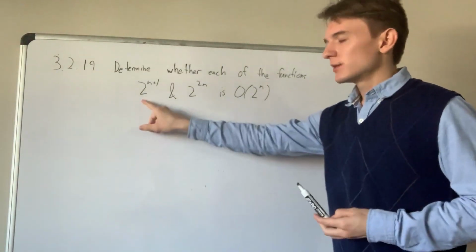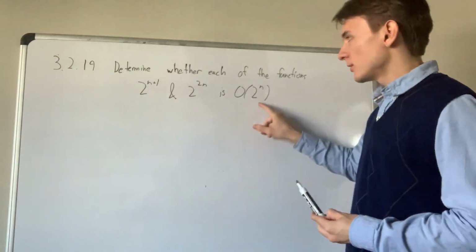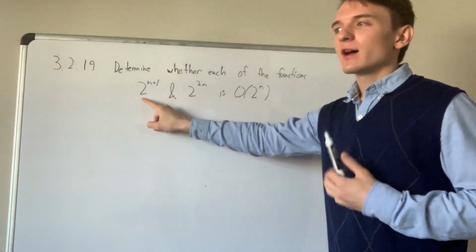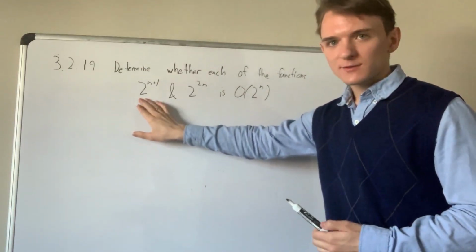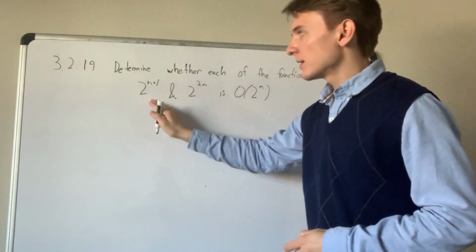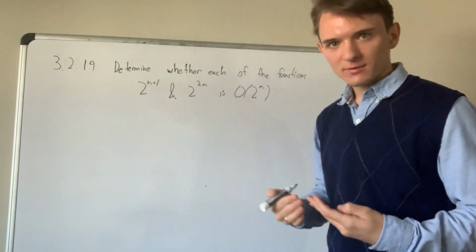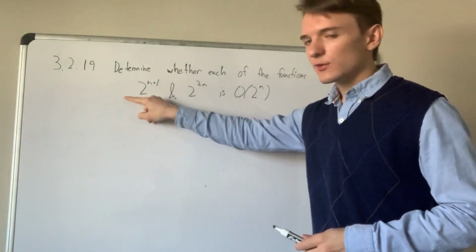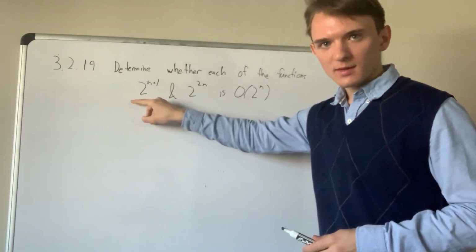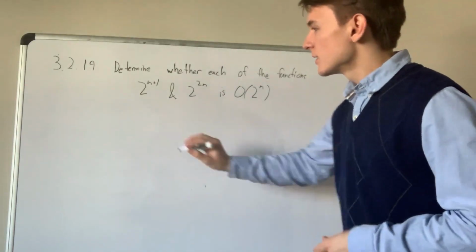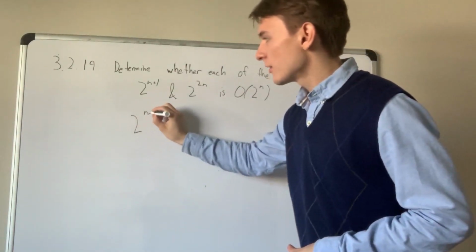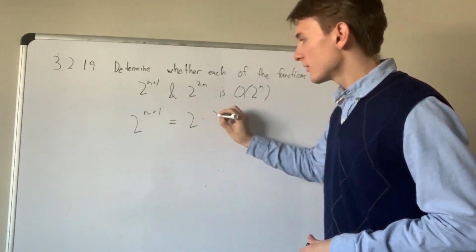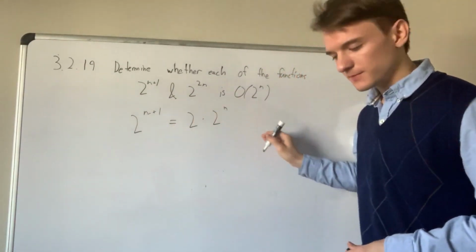We can see this does grow more quickly than 2 to the power of n, and we can easily find 2 to the power of n within this function by using what we know of previous mathematics to bring this 1 in front of the 2 and multiply it by the base. So 2 to the power of n plus 1 is equal to 2 times 2 to the power of n.